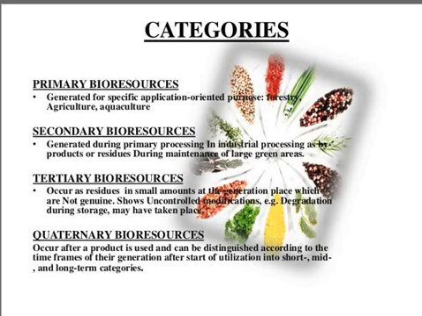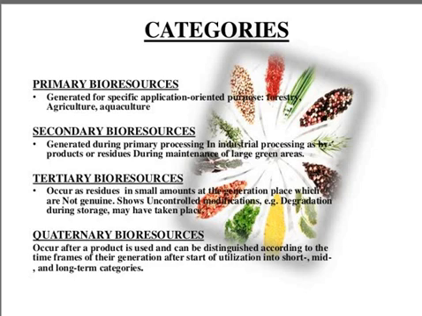Secondary bioresources are generated during primary processing in industrial processes as byproducts or residues, or during maintenance of large green areas. Now we see the third, or tertiary, bioresources occur as residues in small amounts at the generation place, which are uncontrollable.